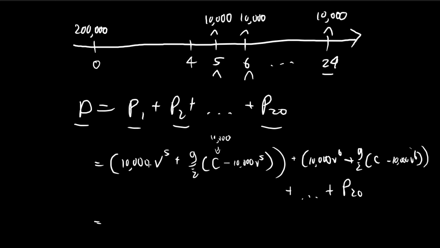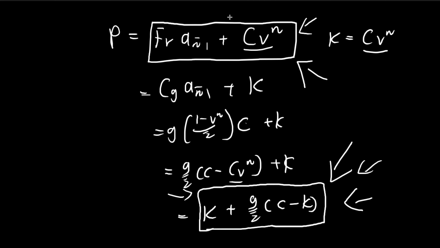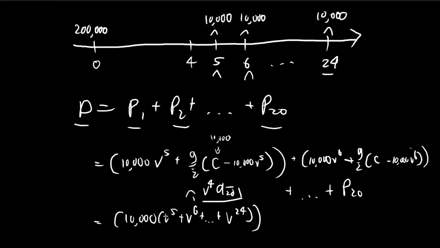If you add these terms up together, if you group up this term, you get v to the power of 5 plus v to the power of 6, all the way to v to the power of 24. If you check this term over here, this is essentially equal to v to the power of 4 times a angle 20, which is exactly what we used to calculate K in the example that we just did.